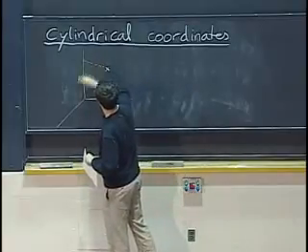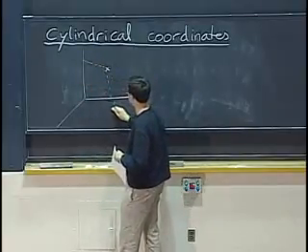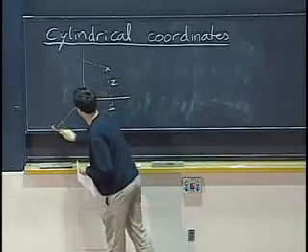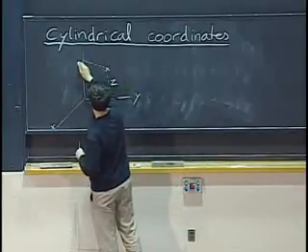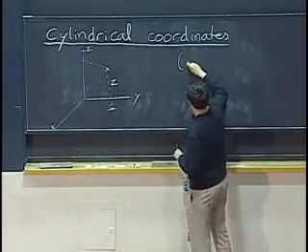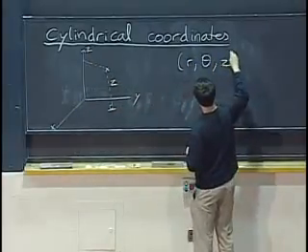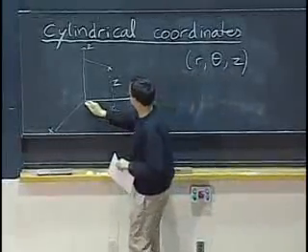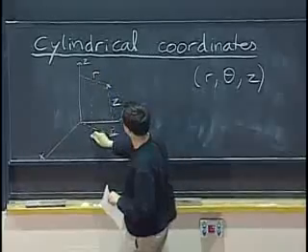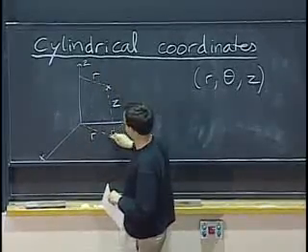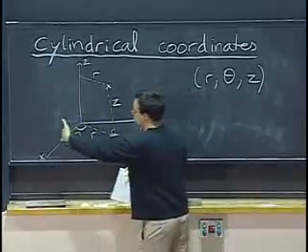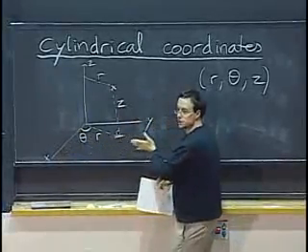One of them is basically how high it is above the xy plane. So that will be z. And then you will use polar coordinates for the projection of your point in the xy plane. So r will be the distance from the z-axis. And theta will be the angle from the x-axis counterclockwise.